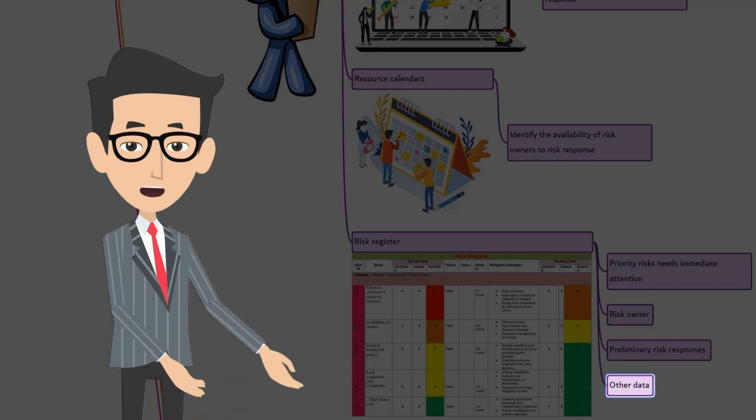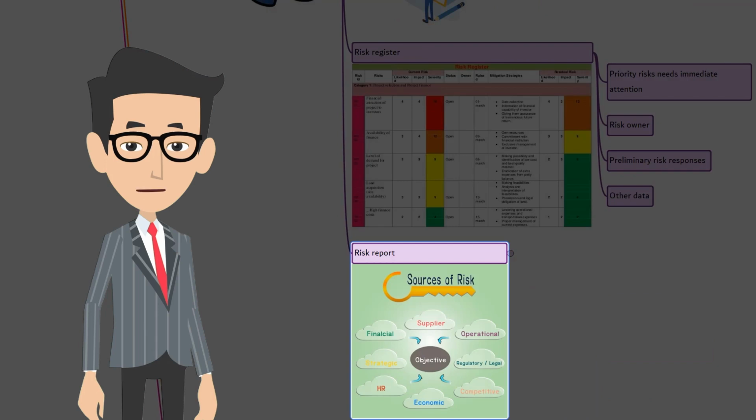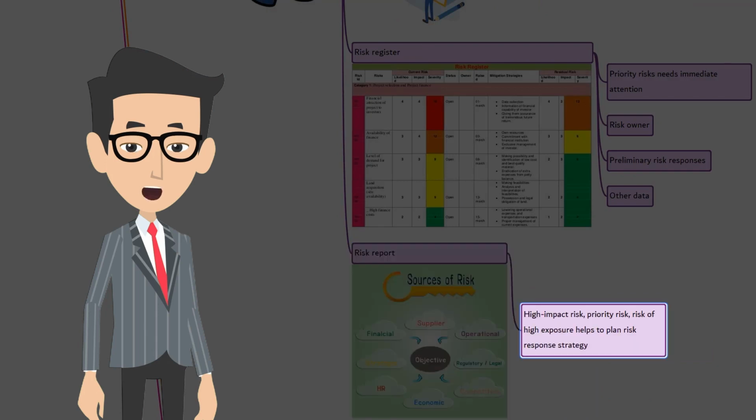Other data can assist in planning risk response, including root cause, risk trigger, and warning signs, risk requiring responses in the near term, and the risk that needs additional analysis. Risk report. This report may have certain information that helps to plan risk response strategies, such as priority risks, risks that have high impact, and risks that are high exposure.